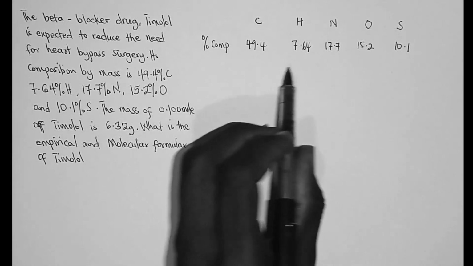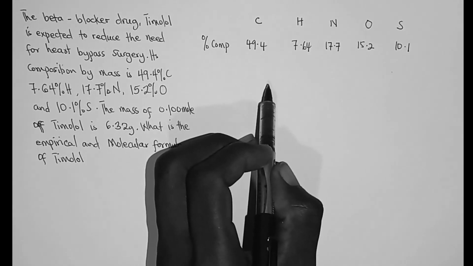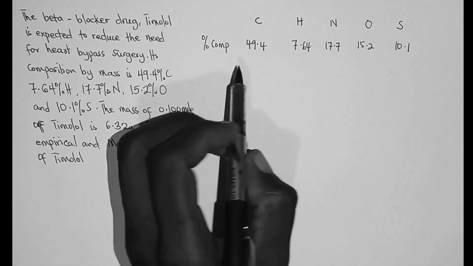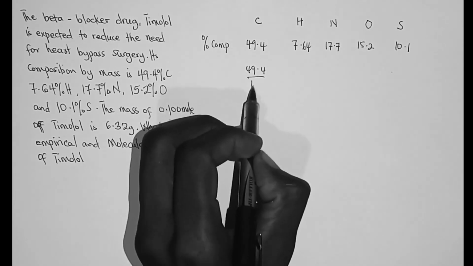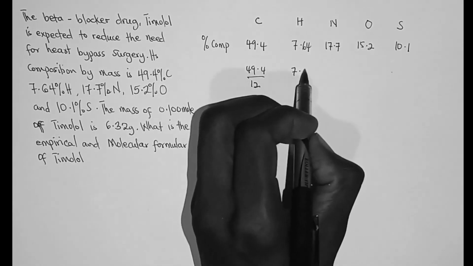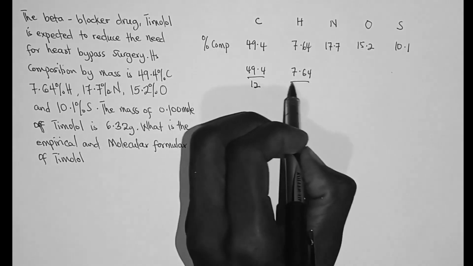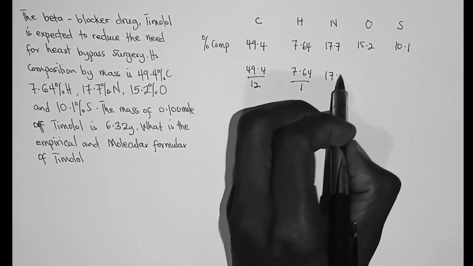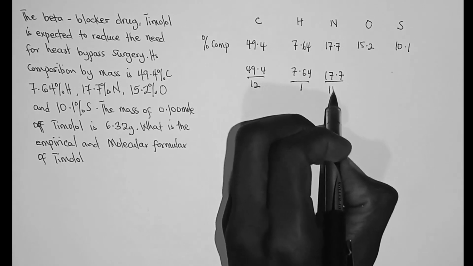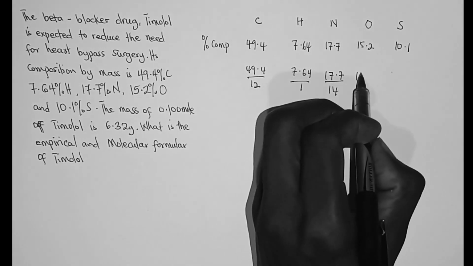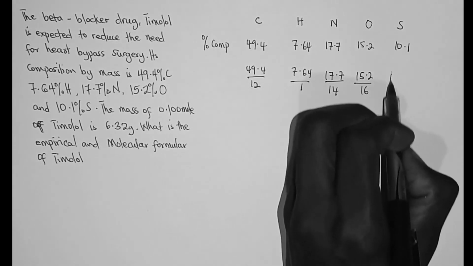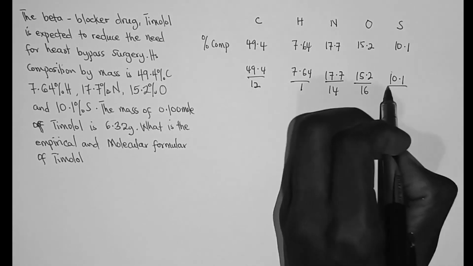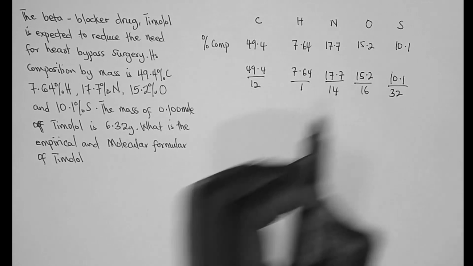So as usual, you take each of them and divide by their various atomic masses. So in the case of carbon, it's 49.4% divided by 12, 7.64% divided by 1. Nitrogen is 17.7% divided by 14. And here's 15.2% divided by 16. And sulfur is 10.1% divided by 32.